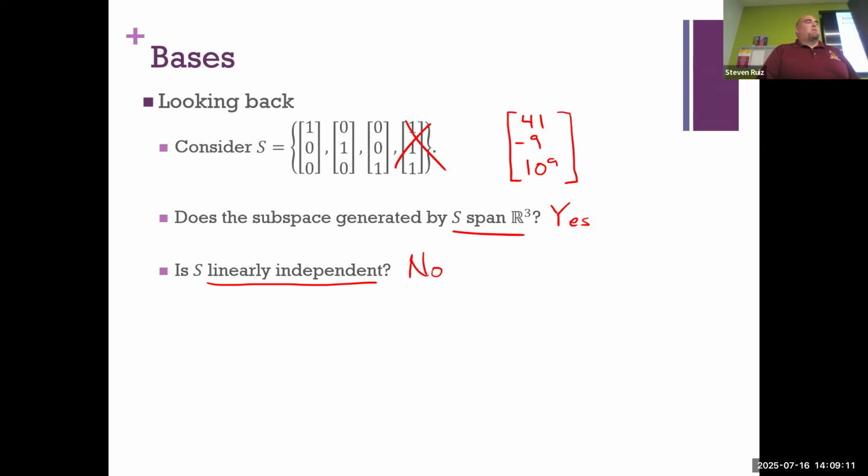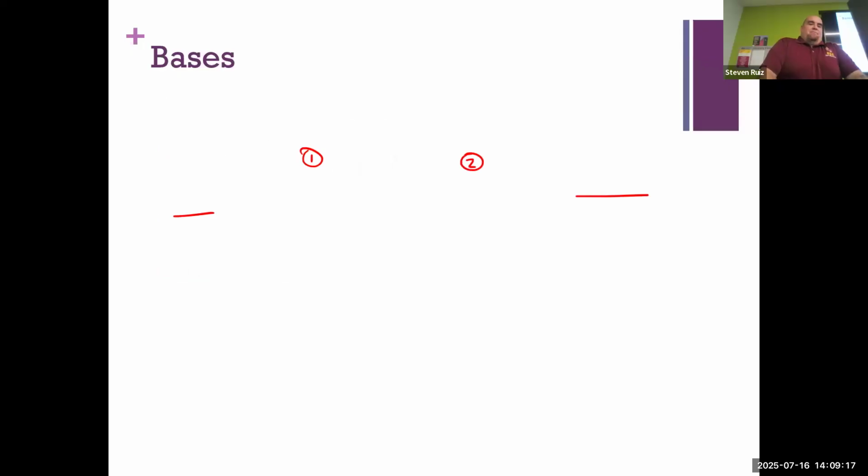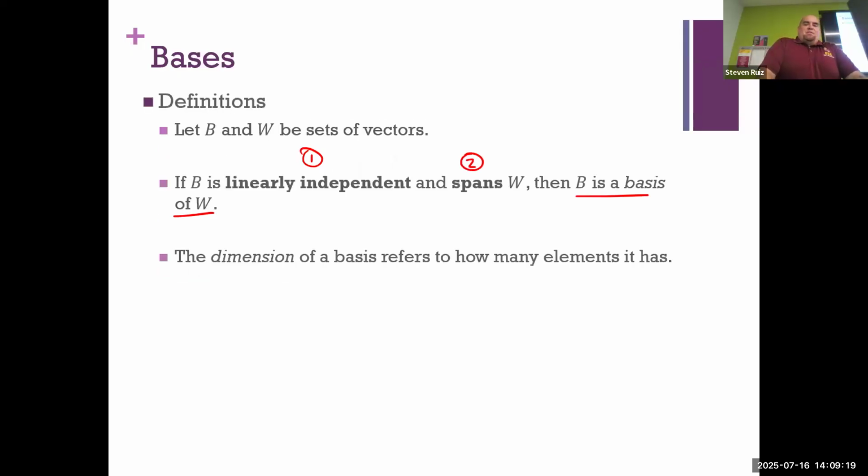It's just one number. It's how many vectors are in there. So the dimension is 3. It's not how many elements each vector has, it's how many vectors are in the basis.